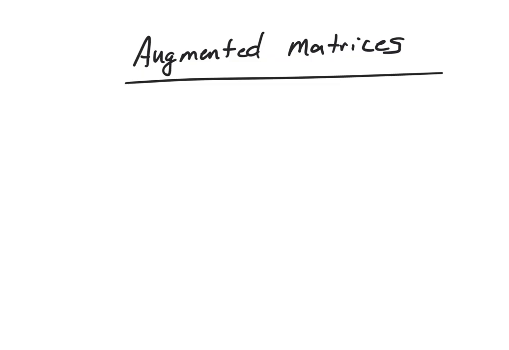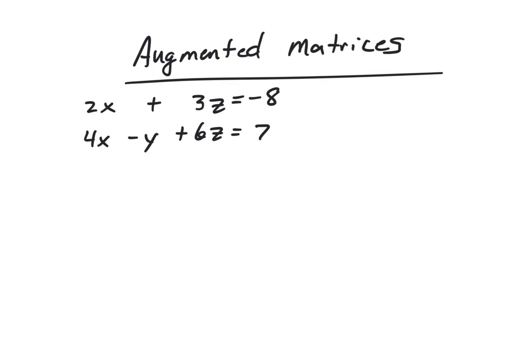If I were to give you 2x plus 3z equals negative 8, 4x minus y plus 6z equals 7, and then 9y plus 4z equals 1, and ask you to put that into an augmented matrix, that is basically what we did on Friday.